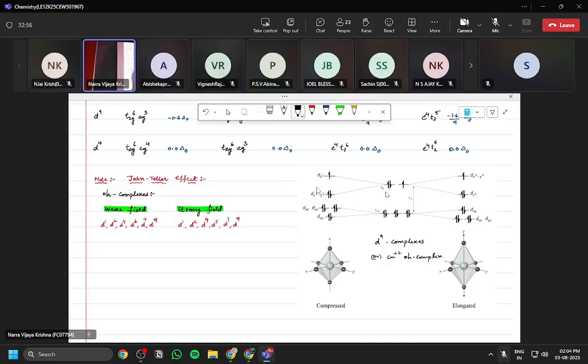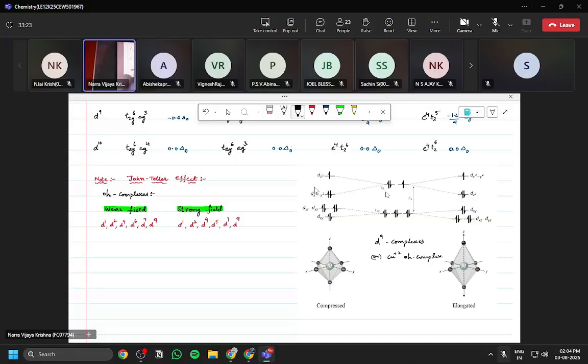Both are equally possible, no? If this is lost, now what happened? If dz square orbital has higher energy and dx square minus y square orbital has lower energy, it means these orbitals are closer to the nucleus. So if the dx square minus y square orbitals are closer to the nucleus, what happens? It will be compressed.